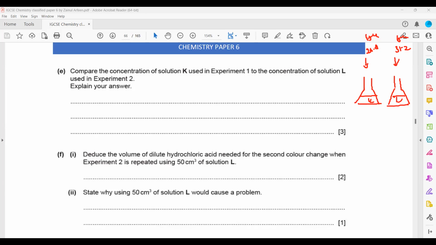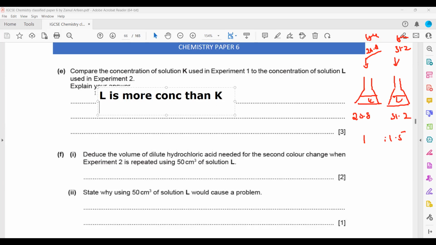Then you can also compare their ratio. Here we need 20.8 hydrochloric acid and here we need 31.2. So when I take the ratio, it's 1:1.5 between them. So how do you score 3 marks? Number one, you mention L is more concentrated than K. That is 1 mark.